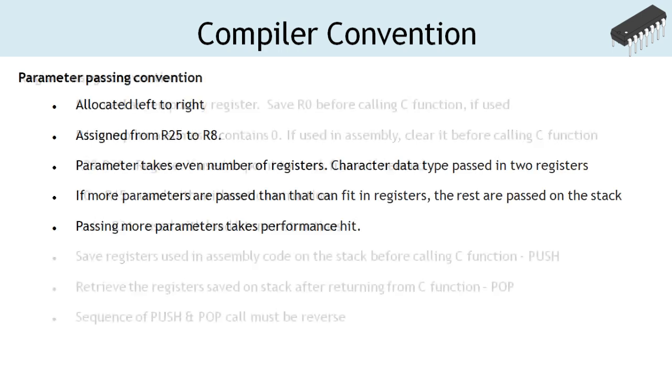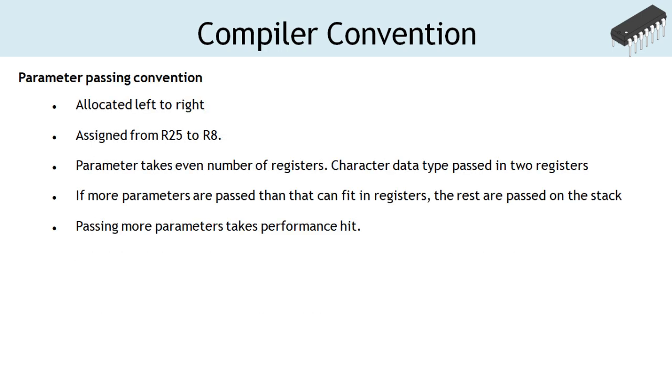The compiler assigns the parameters passed to the register from left to right. The register set R25 through R8 is used to pass the parameters. The registers are always used in pair to pass the parameter. Though the data type character needs a byte, the compiler uses two registers to pass the parameter of type character.